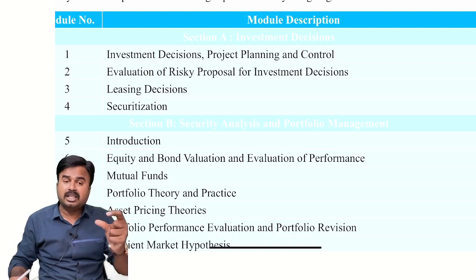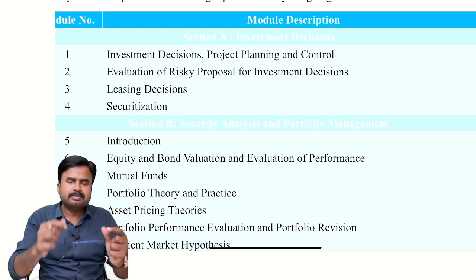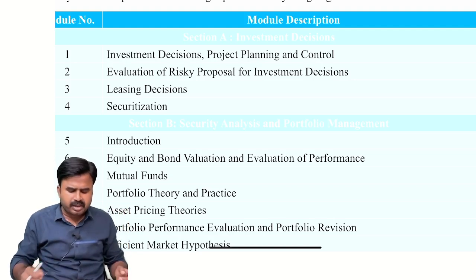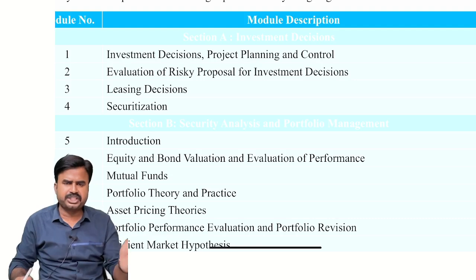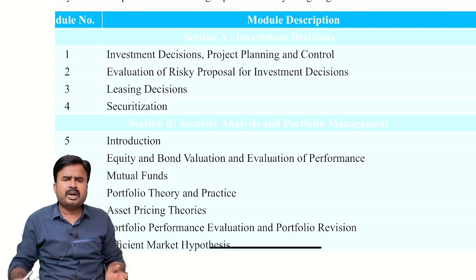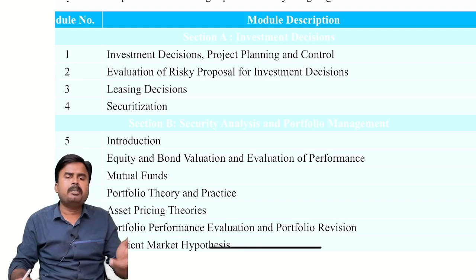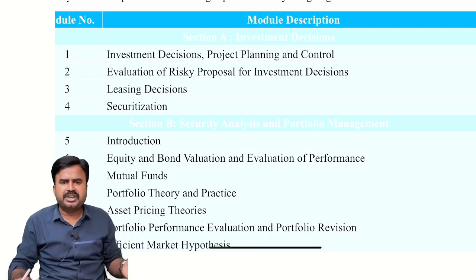While selecting the project along with return, NPV, I should also consider the risk, and accordingly I'll select the project. So these concepts I'm going to cover under this chapter. Under this chapter, we need to understand several statistical and non-statistical techniques like standard deviation, coefficient of variation, probability distribution approaches, decision tree, simulation.